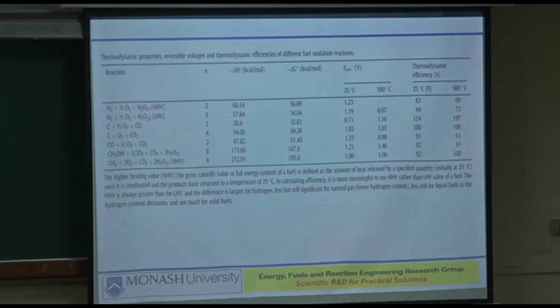But the way it is defined, if you calculate the lower heating value based efficiency, the efficiency for the high moisture coal will be much higher than for the high rank coal with lower moisture content. So if you want to compare apples with apples on the same basis, you really have to do it on the basis of higher heating value.